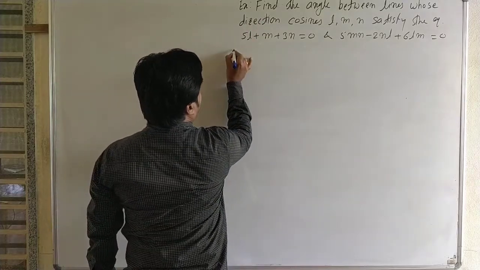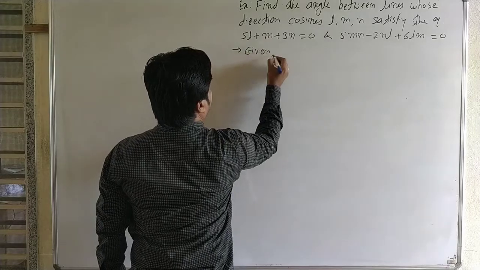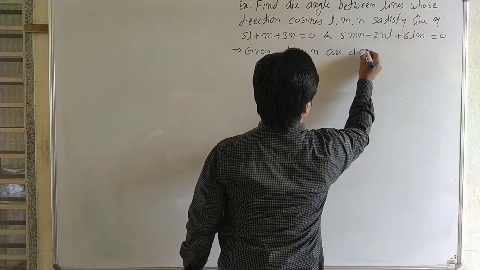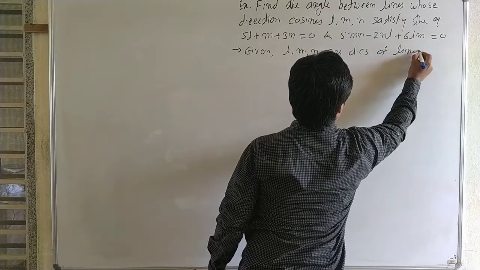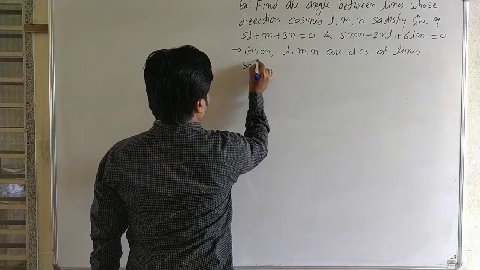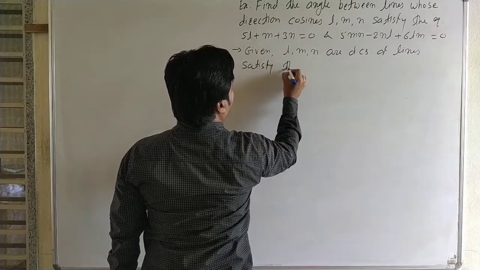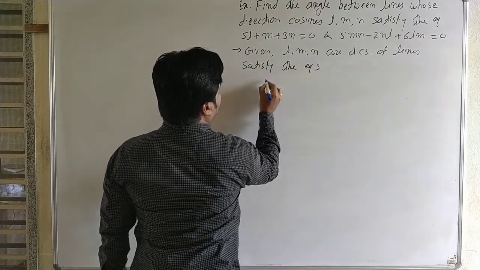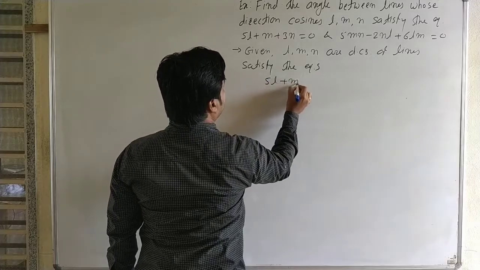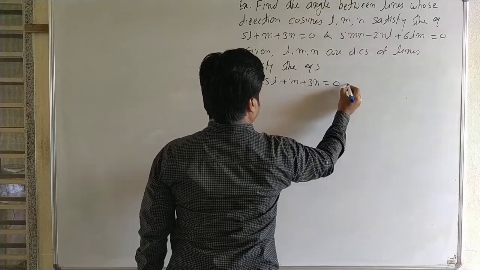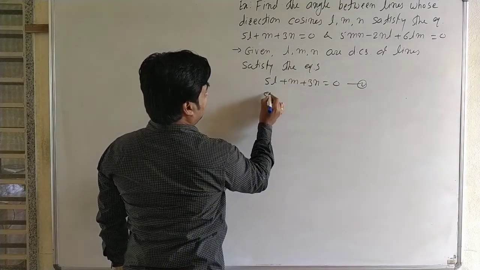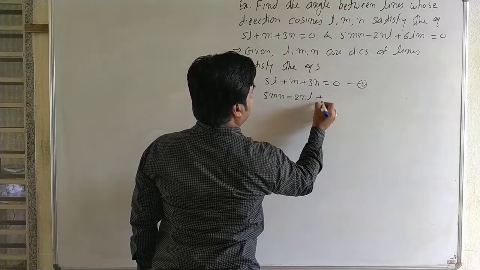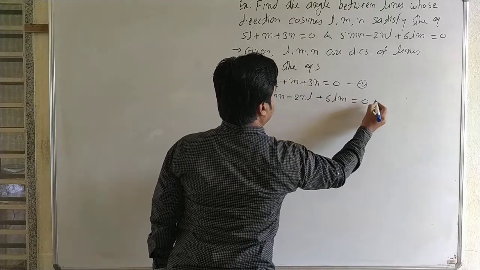Here it is given that L, M and N are direction cosines of lines that satisfy the equations 5L plus M plus 3N is equal to 0, suppose it is equation number 1, and 5MN minus 2NL plus 6LM is equal to 0, equation number 2.